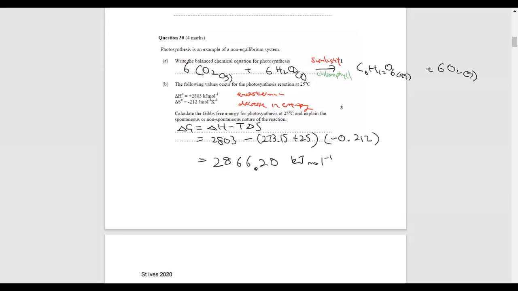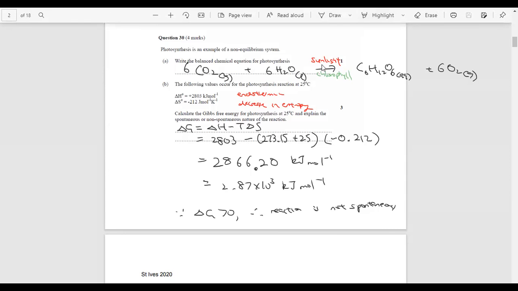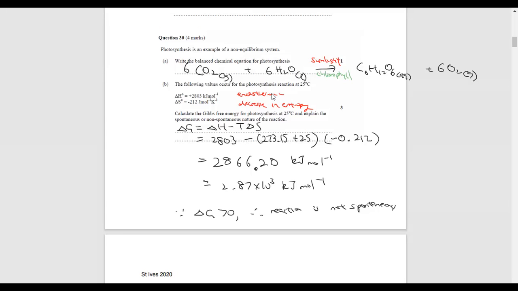So that would then mean we've got 2.87 times 10 to the 3 kilojoules per mole. And the point is, because delta G is positive, therefore the reaction is not spontaneous. And we knew that beforehand from our general knowledge as well, of course, because photosynthesis needed sunlight to help it out. We also know that it's endothermic and that it's a decrease in entropy. And so for that reason, this all makes sense.